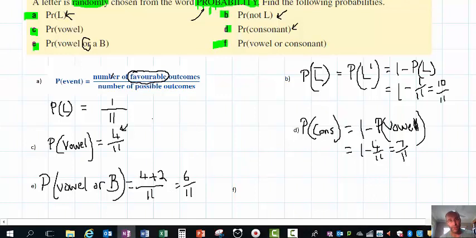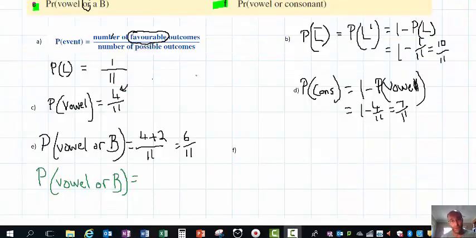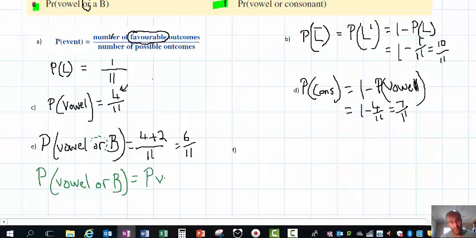Soon you will learn a more efficient way of doing that. The other way, I might as well go through that now. Or basically means to add the probabilities together, provided there's no overlap. So the probability of a vowel or a B would be the probability of a vowel plus the probability of a B. Probability of a vowel we saw in part C was 4 on 11.